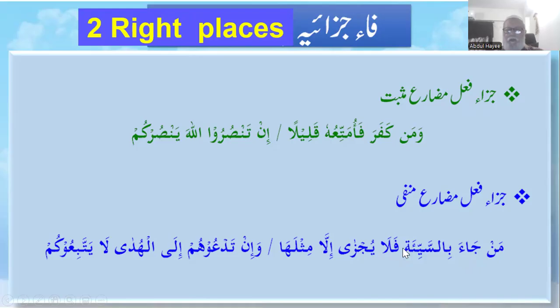So fa is used. Or you can omit it, just like wa in tad'uhum ilal huda la yattabi'ukum. Yattabi'u is mudari', before it la is coming, giving the meaning of negation. So no fa is used.